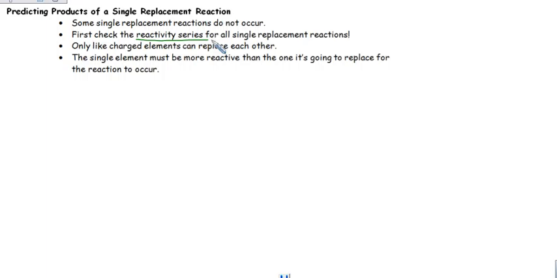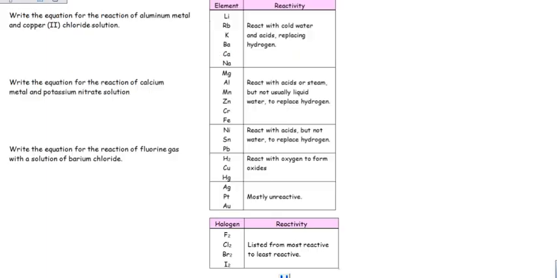It's a list of elements in order of most reactive at the top to least reactive at the bottom. It looks something like this. So my top group of elements are my most reactive. My bottom elements are the least reactive, and this is their tendency to perform a single replacement reaction.